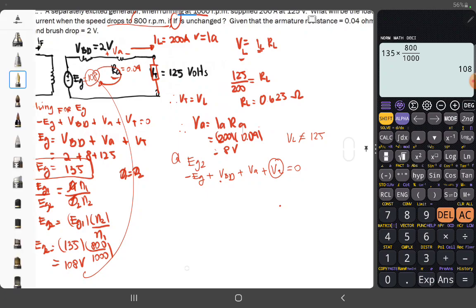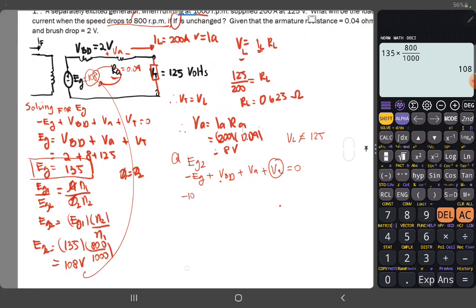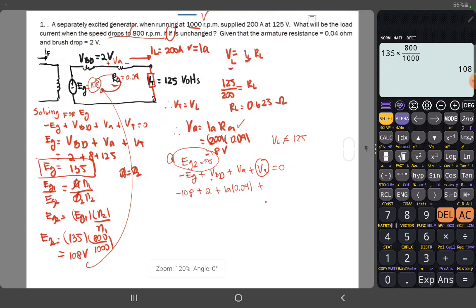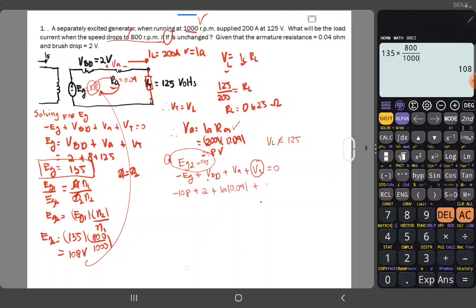Now from here, negative 108 volts plus 2 volts plus our VA. Take note that our VA is equal to IA multiplied by RA, which is equal to 0.04 ohm, plus our VL, which is equal to IL multiplied by our RL, which is equal to 0.625 ohm, which is equal to 0.